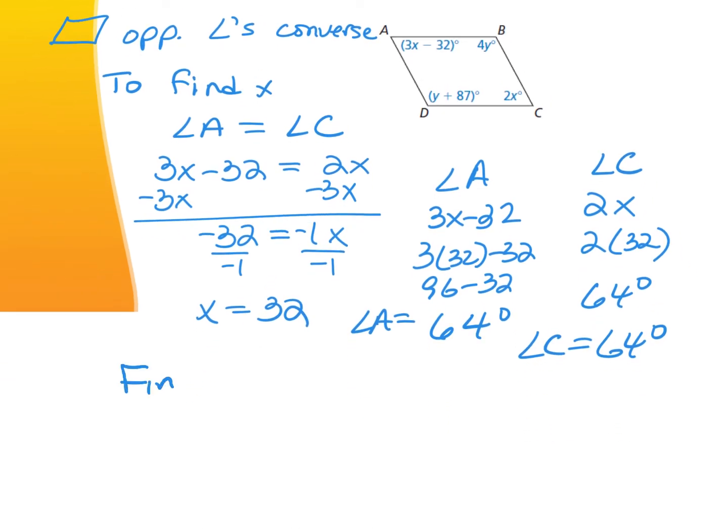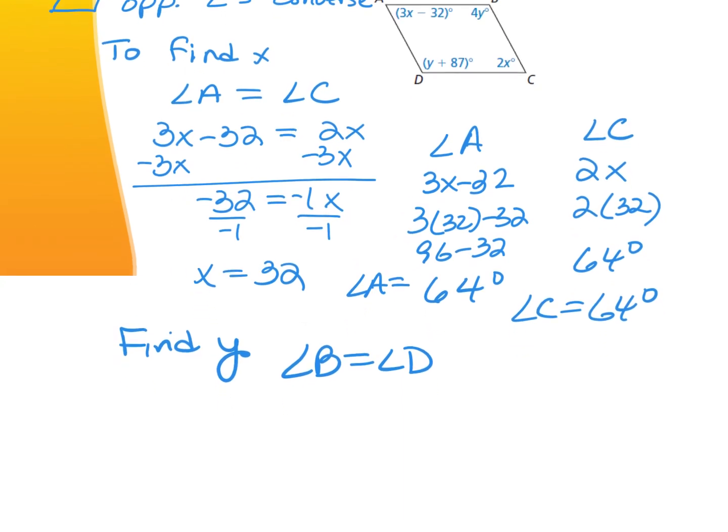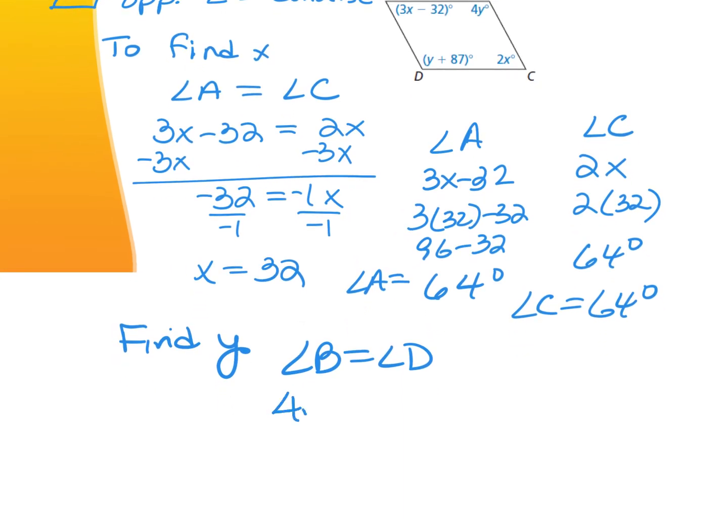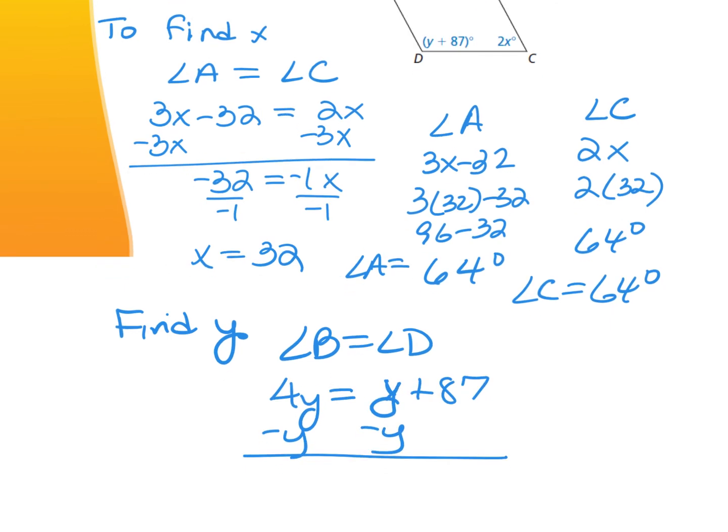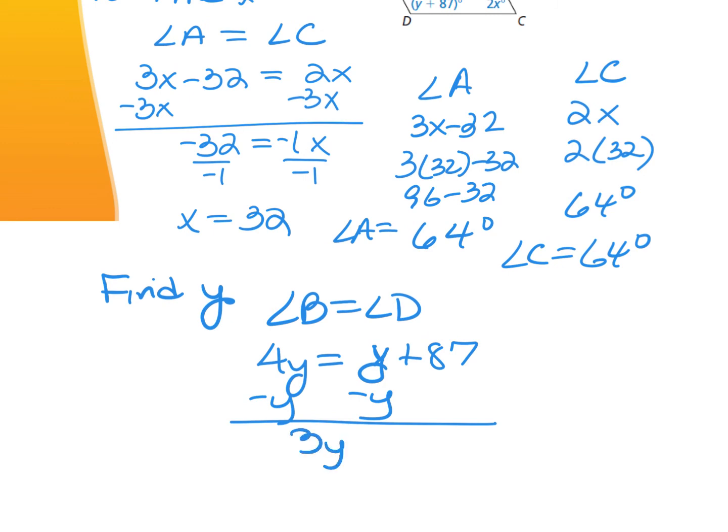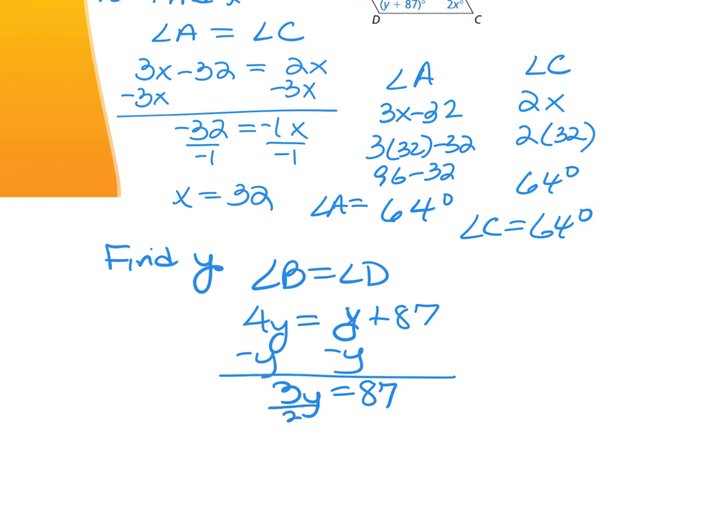So now to find y, I'm going to set angle B equal to angle D. Angle B is 4y. Angle D is y plus 87. And then I'm going to combine my like terms by moving the y over. 3y equals 87. Divide by 3, and y equals 29. So now I'll plug it in.